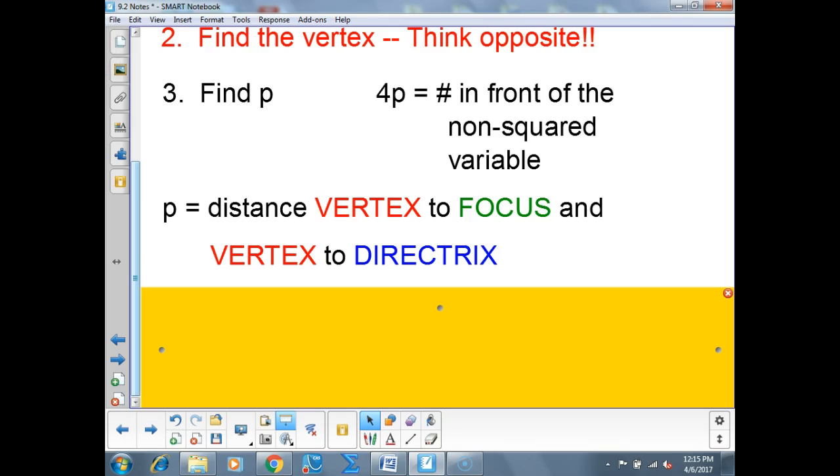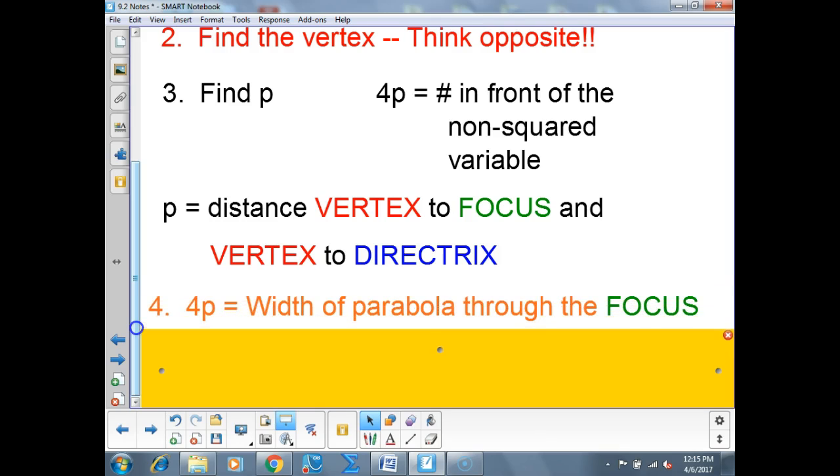What was our step 4? And what is the width of the parabola? So it's 4p wide through the focus, which means I go 2p to the left or 2p to the right, or 2p up and 2p down through the focus, because it could be tipped on its side.